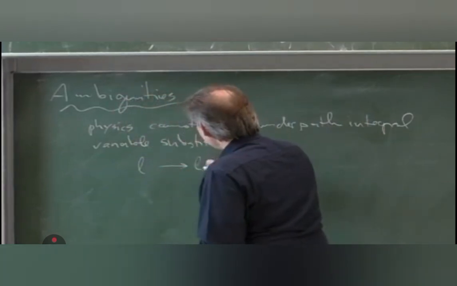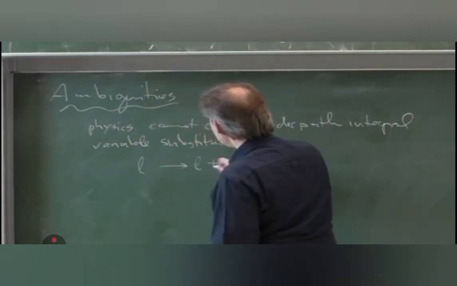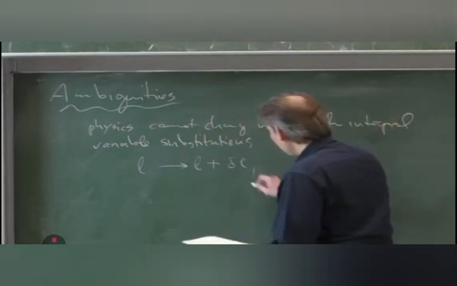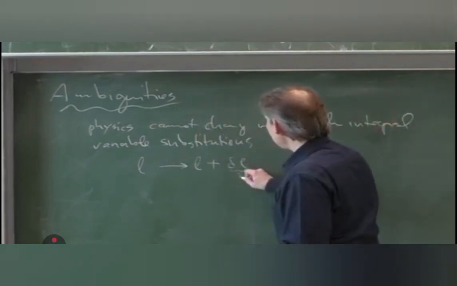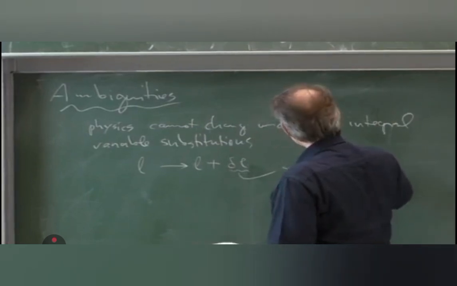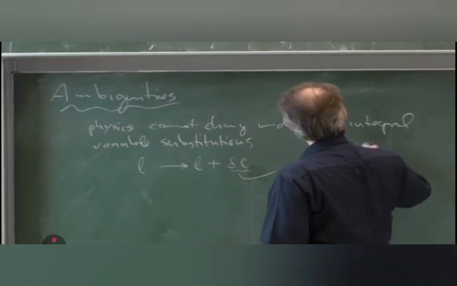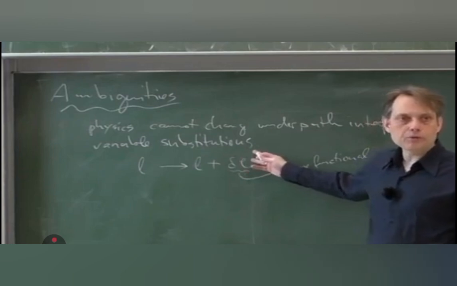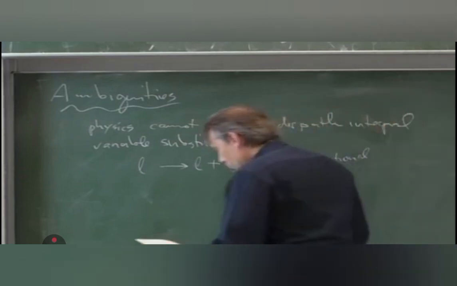So if we do variable L goes to L plus a small variation, let's call it delta L, and then this would be some functional, like we just had in the case with B1 plus B2, where we had here D'Alembert L and L cube, and something like this.